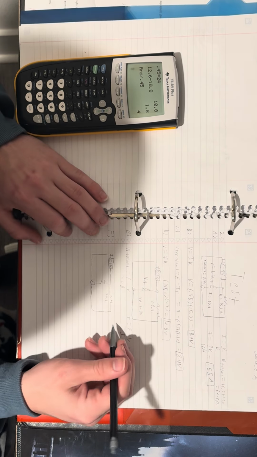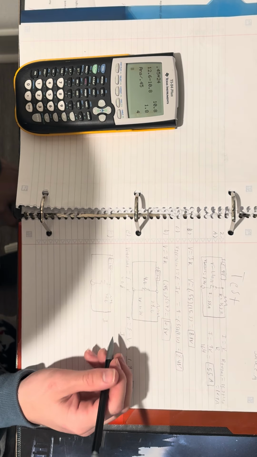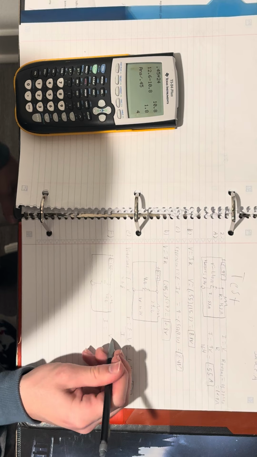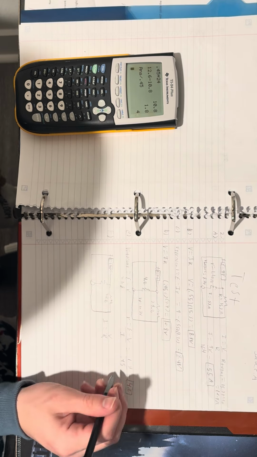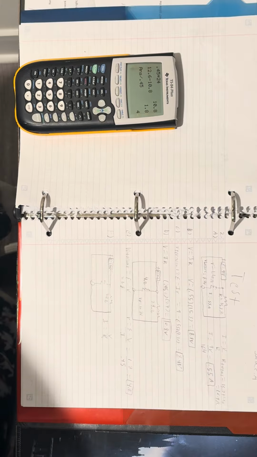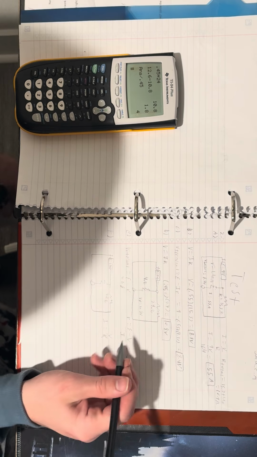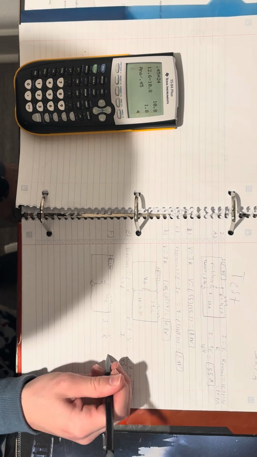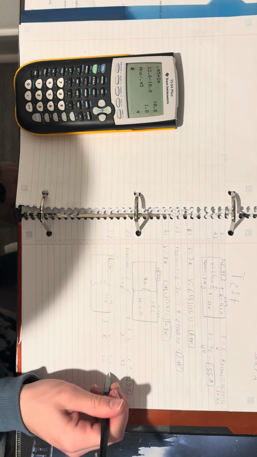So we're just going to use Ohm's law again, which is current equals voltage over resistance, and we are given both, which is, if I'm not mistaken, 1.3 over 20.